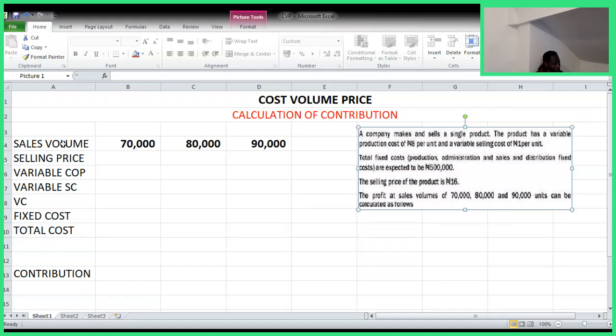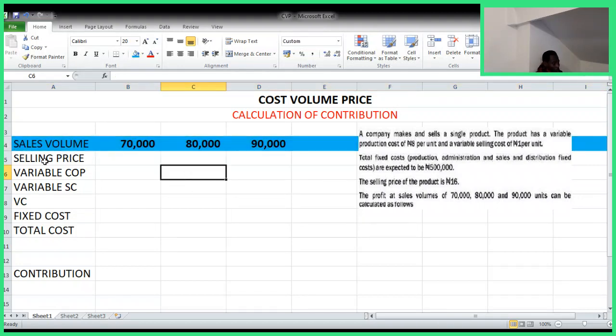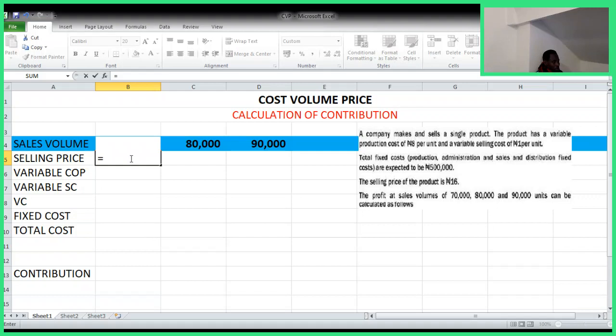Now we have our sales volumes, which I just put here. Now we want to calculate our sales revenue. We've been given the volume to be 70 and our selling price to be 16.